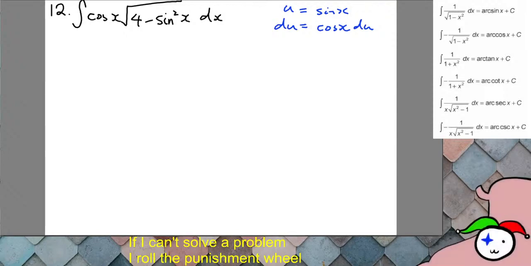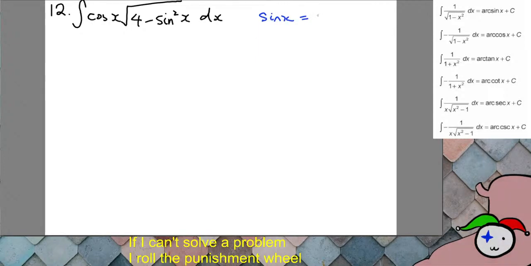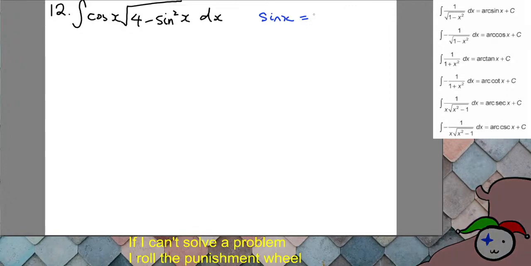Alright, so I guess what I could have done instead is, let's just try it. Instead of doing that, we say sine of x is equal to somehow 4 sine of theta.